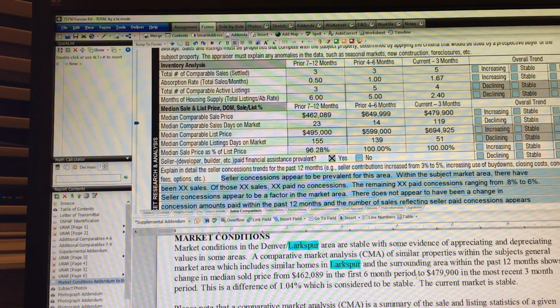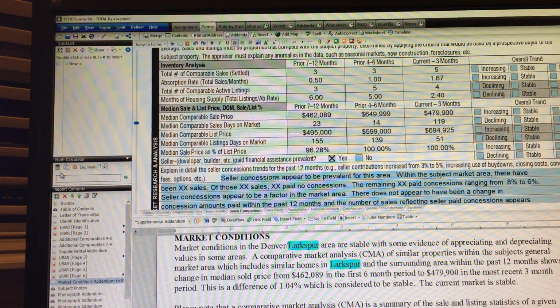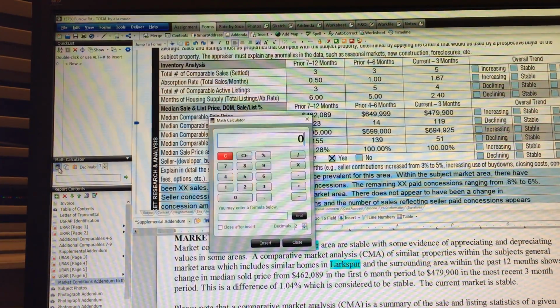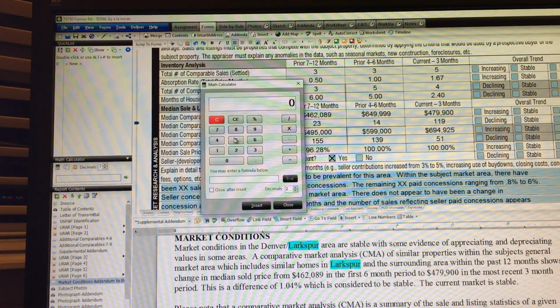When I'm calculating whether the market conditions are increasing, declining, or stable, I compare this number to this number. This little software has its own calculator. I'm just going to press that right there. If you're a math genius and I'm doing this wrong, you go right ahead and tell me.